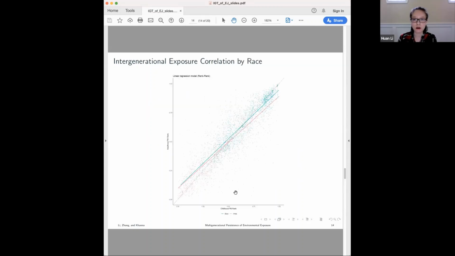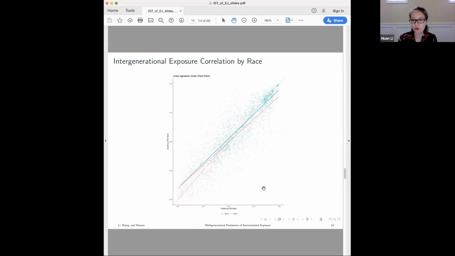And if you plot the correlation by race, the blue line represents the minority and the red line represents the majority. As you can see here, if individuals grew up in areas with very low PM 2.5 rank, there is not too much difference when they grow up.